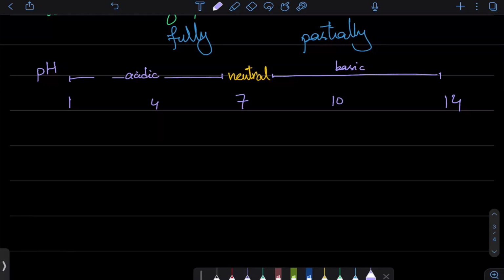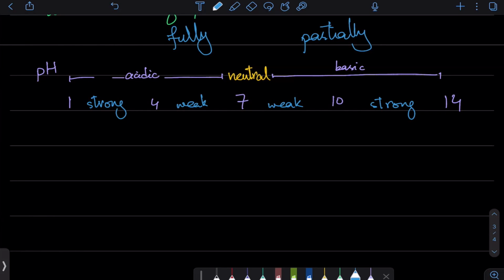So as I was saying, we have acidic on the left side of 7 and basic on the right side. And we have numbers to specify whether it's more or less. So for that, we have the weak part here for acids and weak part here for bases. We have strong part here for acids and we have the strong part here for bases.